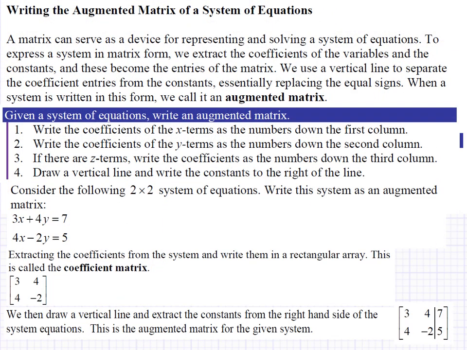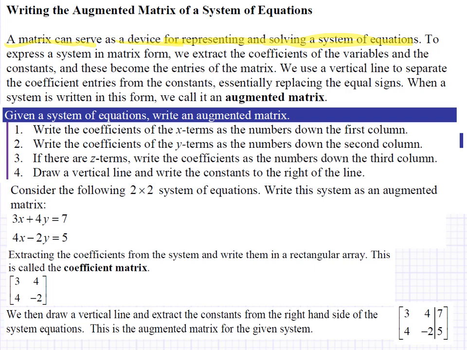Okay, so the first thing we want to do is we want to look at converting our system to matrix form. Now, in doing that, we're going to call this writing the augmented matrix. So, again, a matrix serves as a device for representing and solving a system of equations.